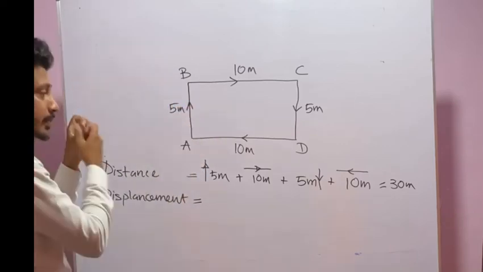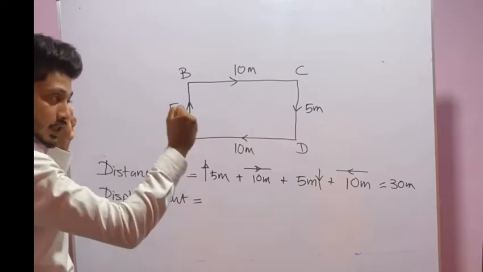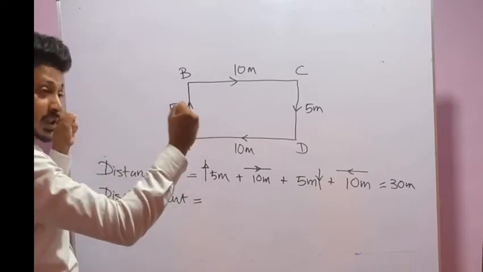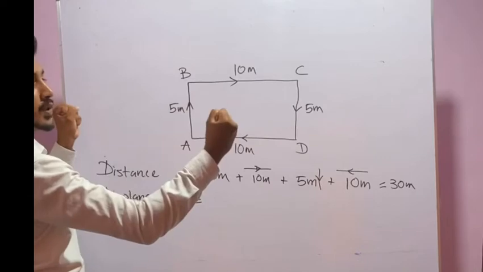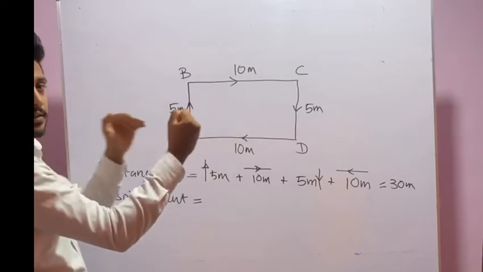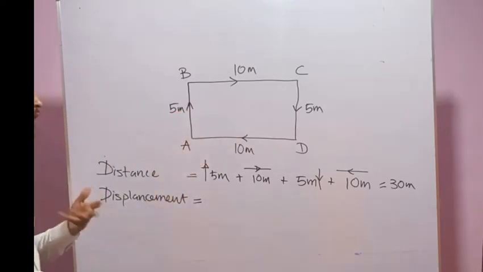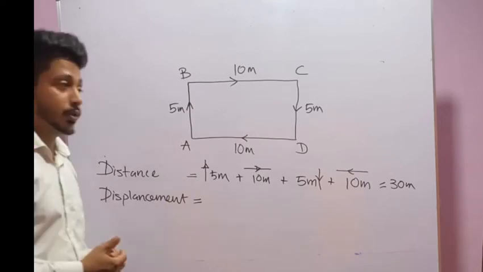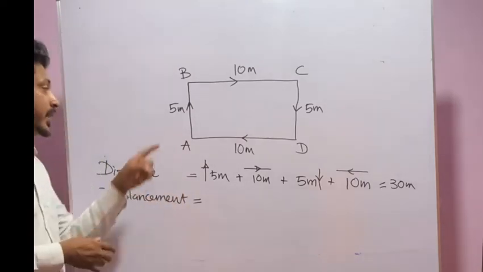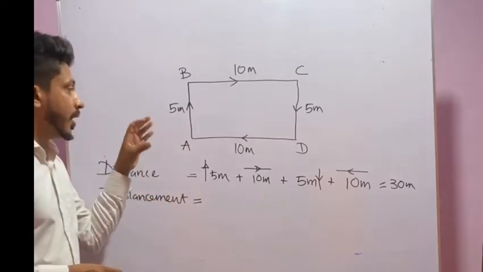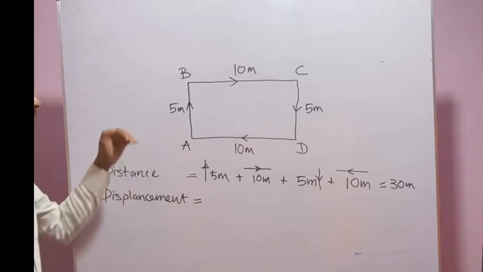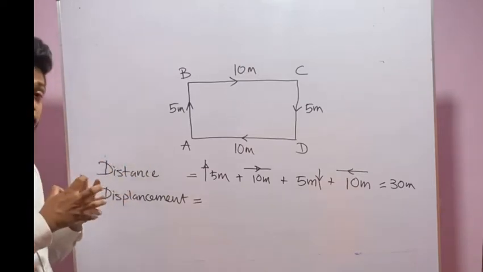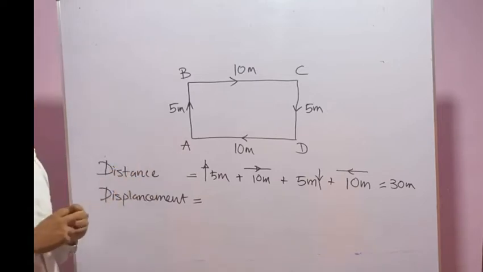Displacement. Otherwise, the change of position is called displacement. So in that way we can also describe what is displacement. Here, what are the two positions? Those are the original position and the end position.